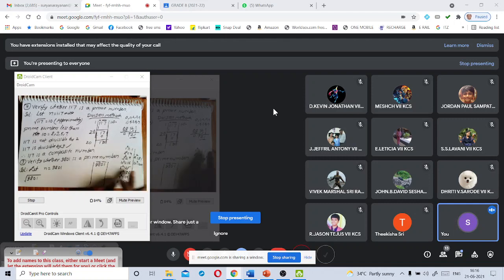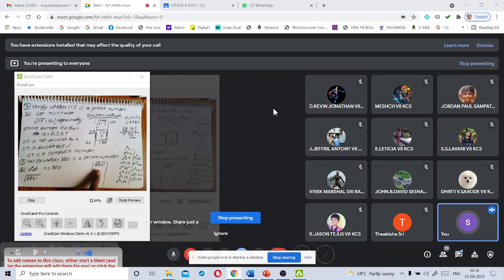These numbers 1, 4, 9, 16, 25, 36, 49, 64, 81, 100 and so on. 11 square, 121. 12 square, 144. 13 square, 169. These are said to be perfect squares.